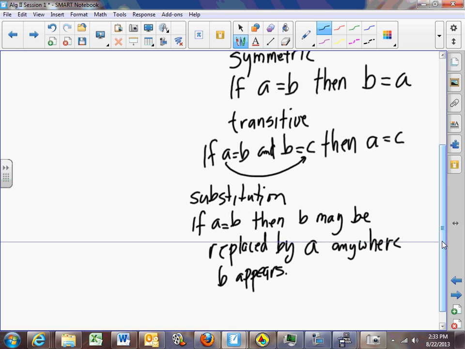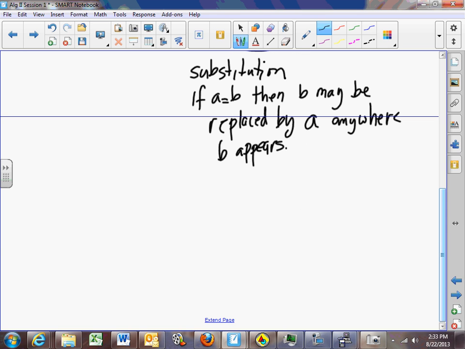The next property of equality that we want to talk about is oftentimes abbreviated APE. This stands for the addition property of equality.